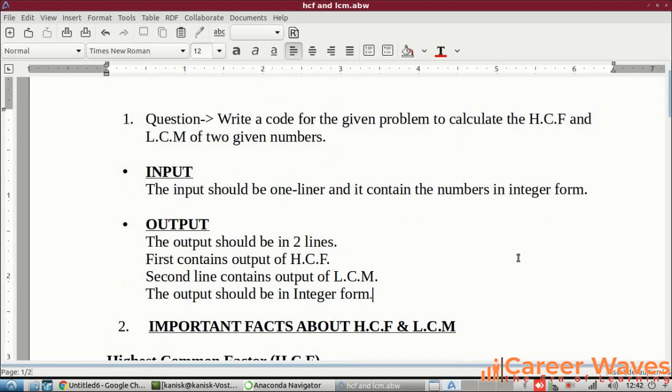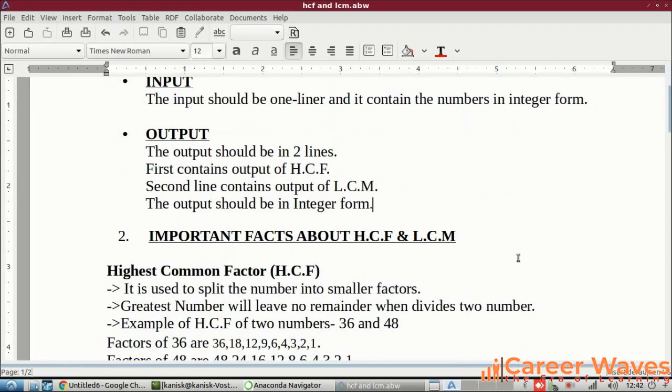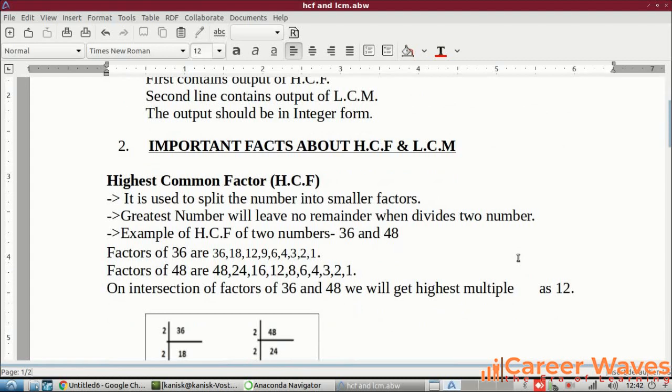Let us now understand and brush up the basics of HCF and LCM which we have studied in our primary school. So let's start with HCF. HCF is basically used to split the numbers into smaller factors. Suppose you are given a number in the form of millions or a very odd number of digits.